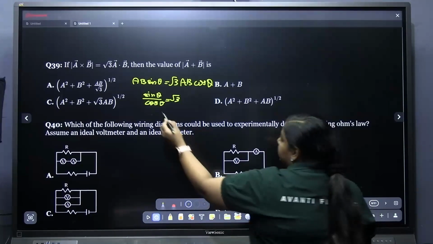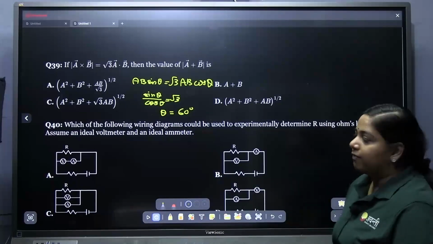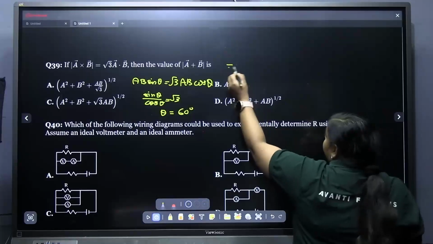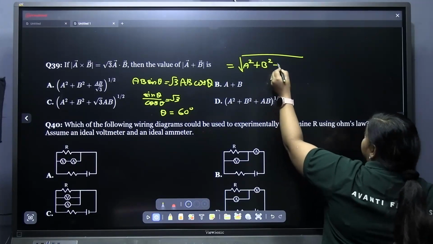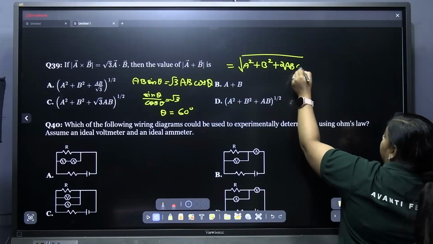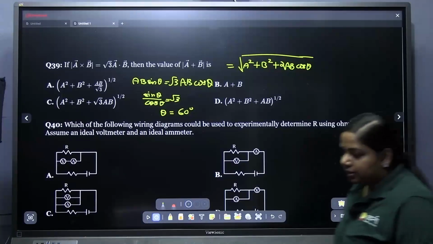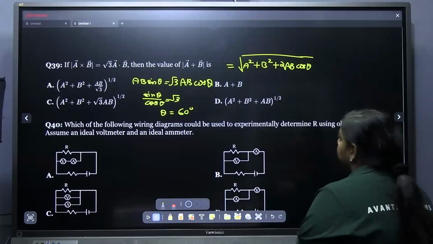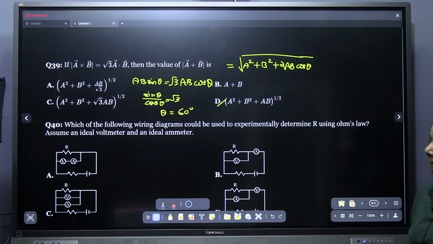So value of theta is equal to 60 degree. Once you get that, a plus b is equal to what? Square root of a square plus b square plus 2ab cos theta. Substitute the value of theta and you will get the answer. Yes, option D is the answer.